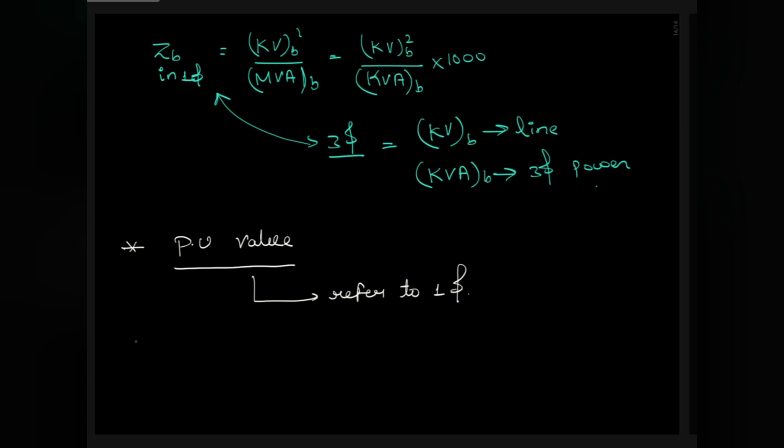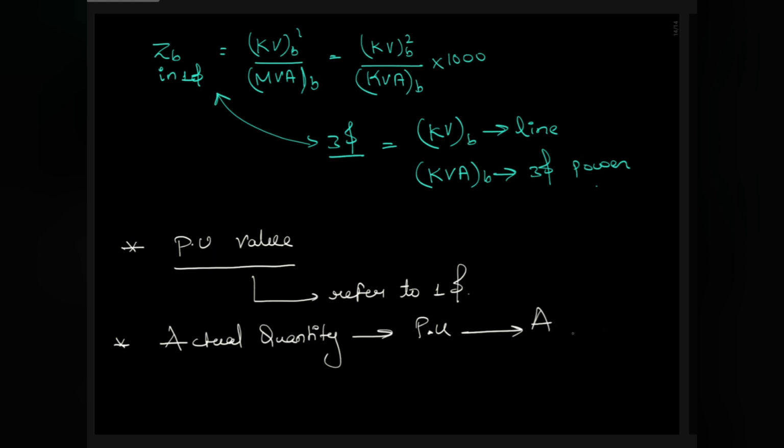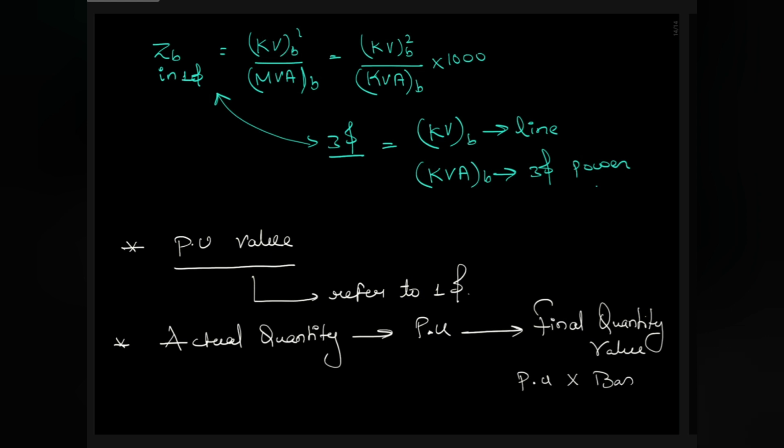Okay, and we convert actual value, actual quantity to per unit value, right, with the help of base value, and the final answer will be converted into final value, final quantity by multiplying per unit value with the base value.